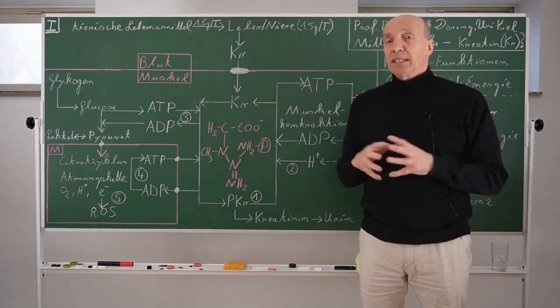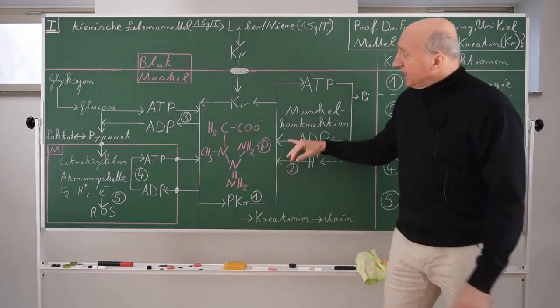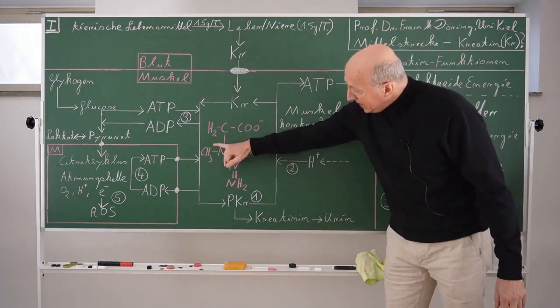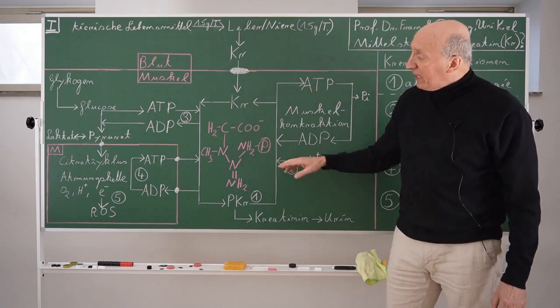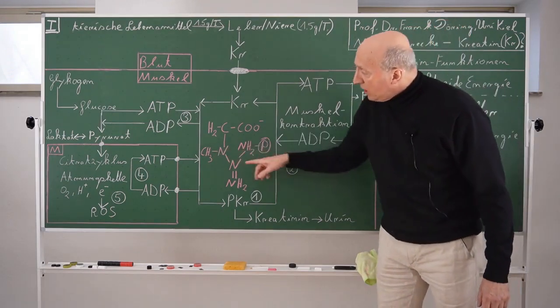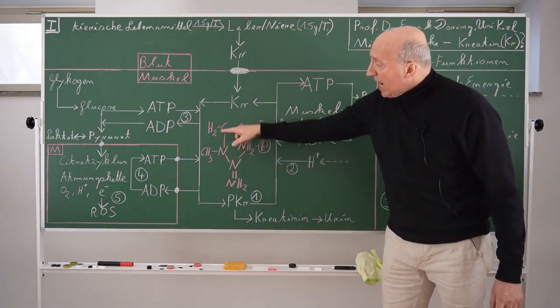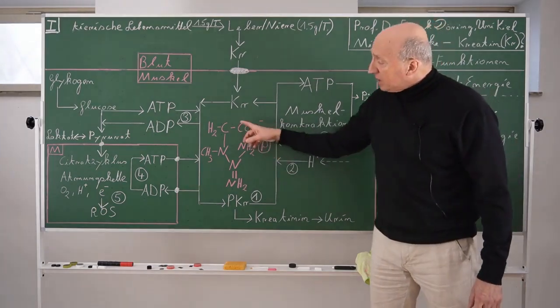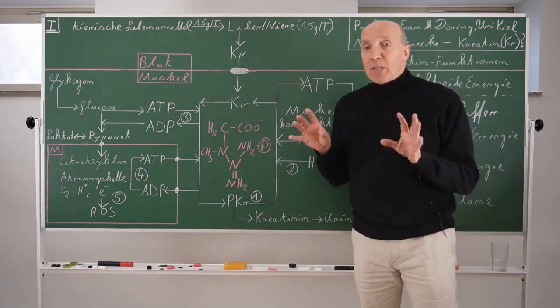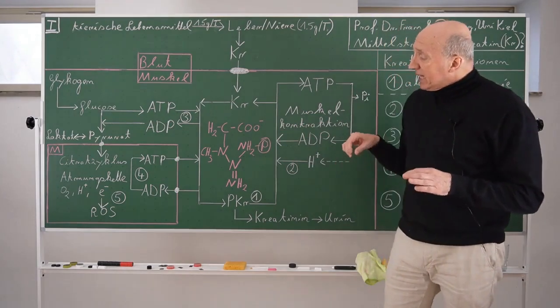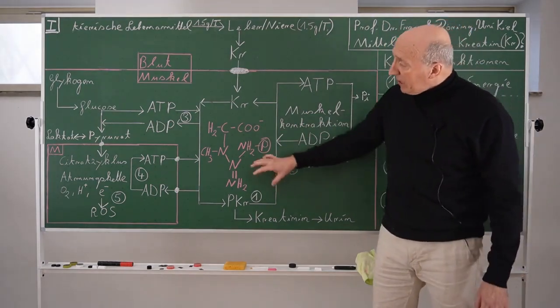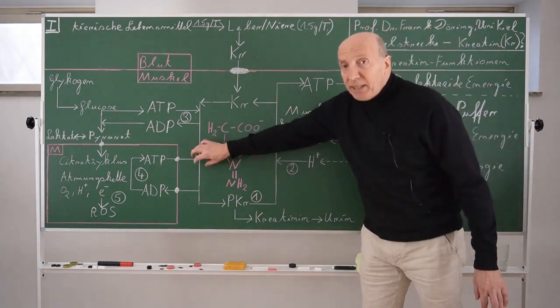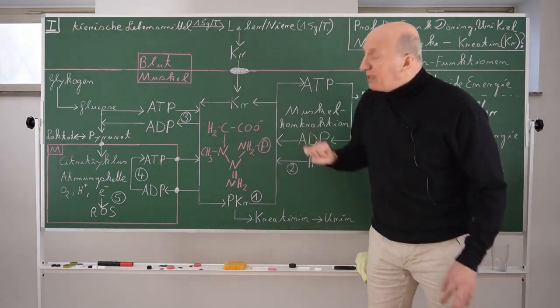What is creatine anyway? Creatine is structurally that formula here. That is, this is a methylguanidinoacetate. It can already be deduced from this structural formula that creatine is probably formed from arginine, methionine, and glycine.